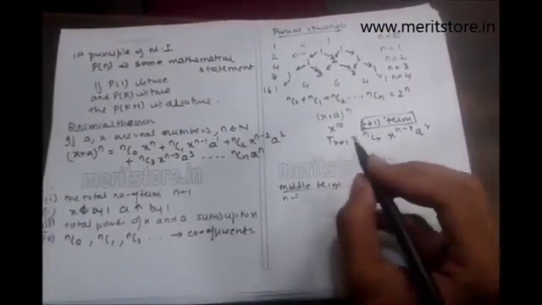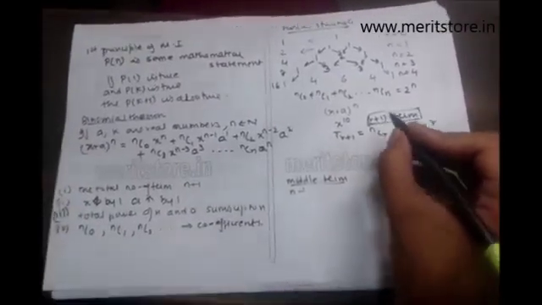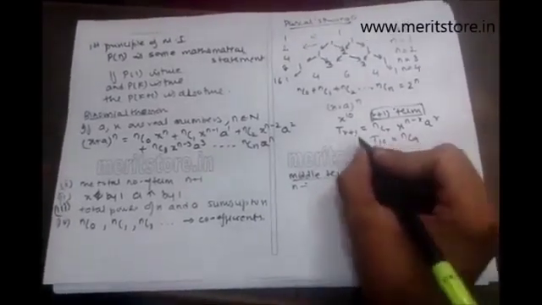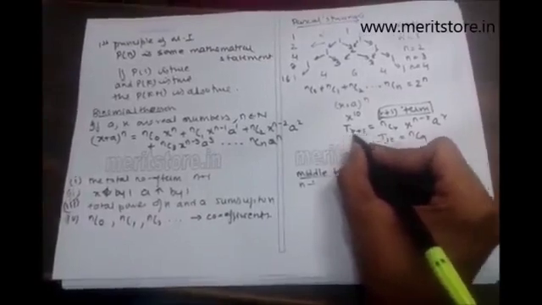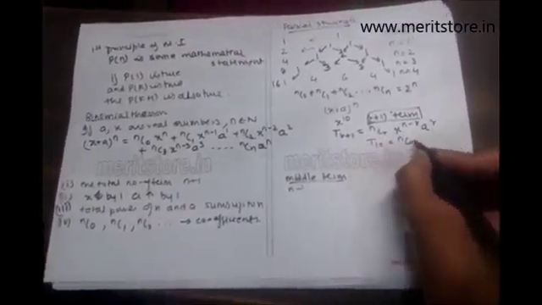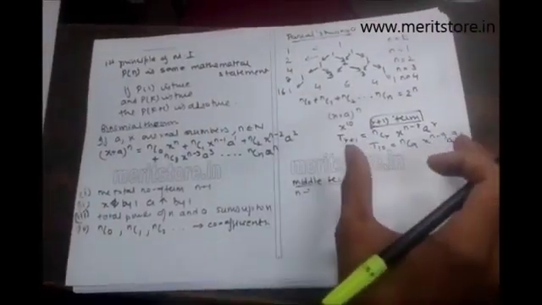So for example, if I say I want to find the 10th term, so this will be T10 equals NC9, because here there's r plus 1, whereas here you have r, so you'll have to decrease this number by 1. So NC9 x raised to n minus 9 a raised to 9. So this is the general formula to find any term.